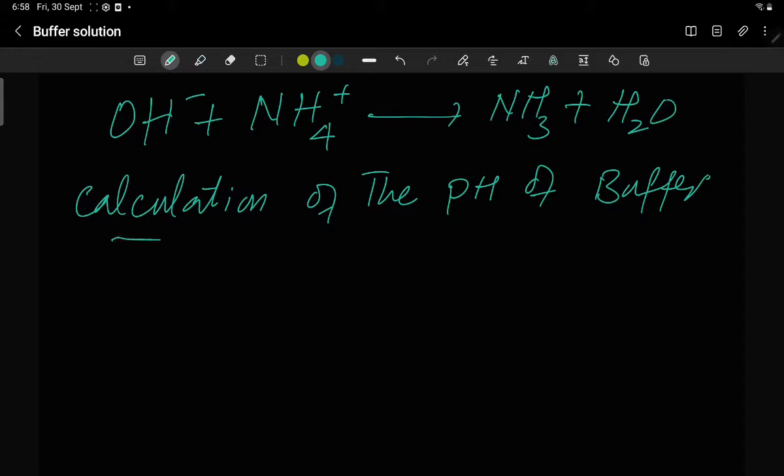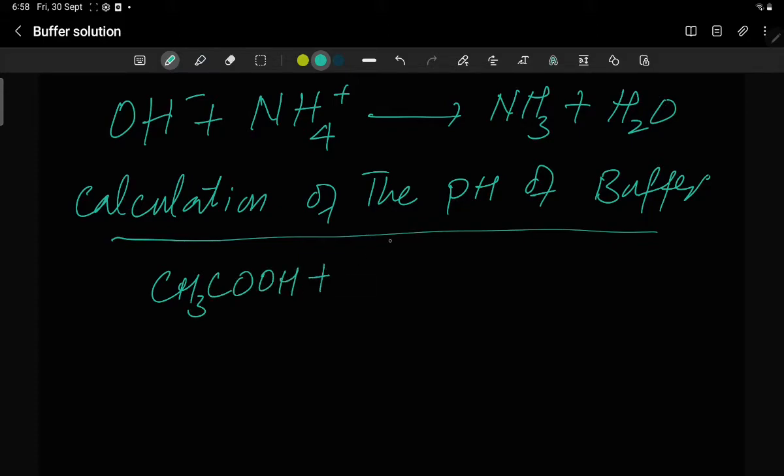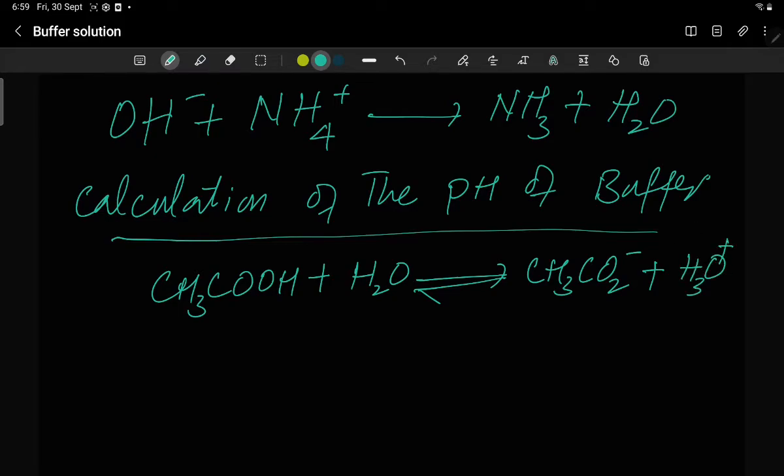It contains weak acid CH3COOH plus water to form CH3CO2 negative plus hydronium ion.